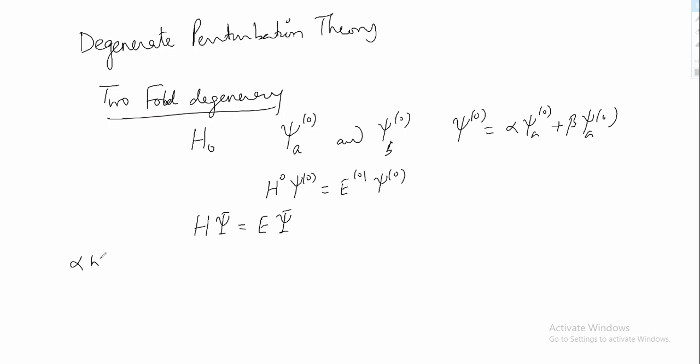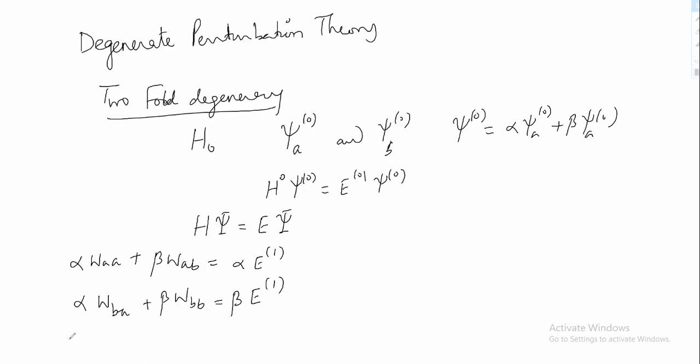One was alpha WAA plus beta WAB equal to alpha E1, and then alpha WBA plus beta WBB equal to beta E1, where these W's are the matrix elements of H I, the perturbed Hamiltonian, with respect to the unperturbed wave functions psi A 0 and psi B 0.